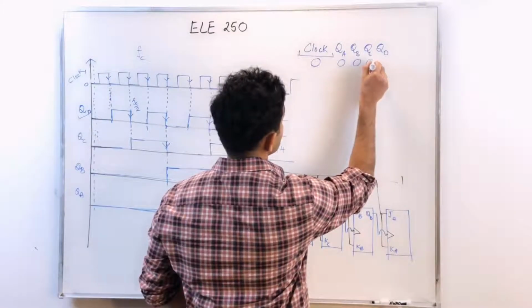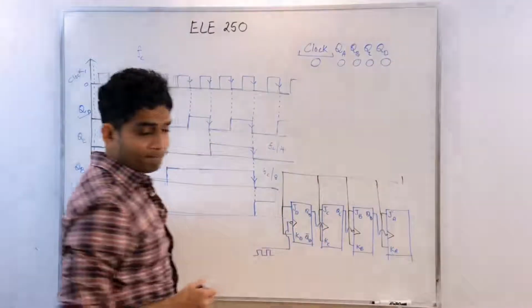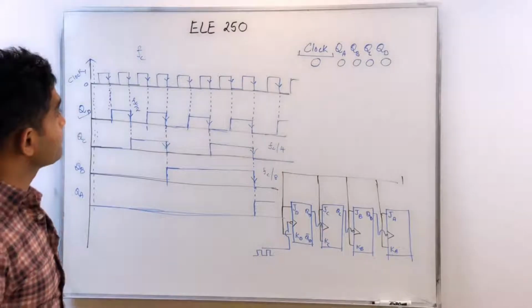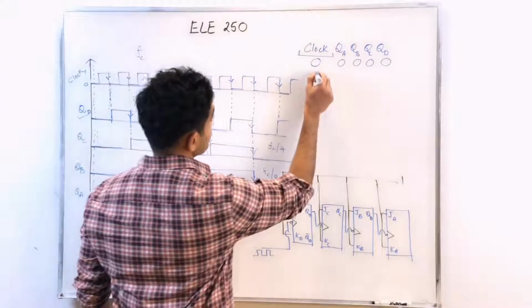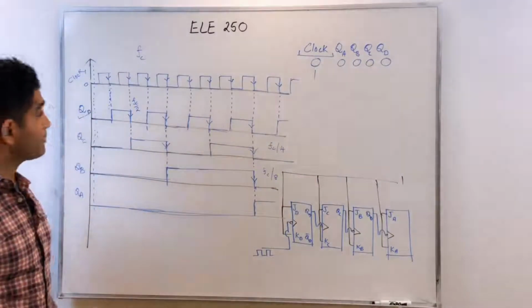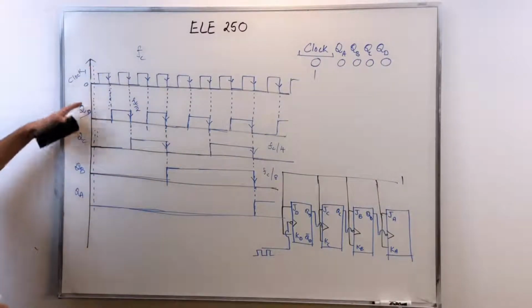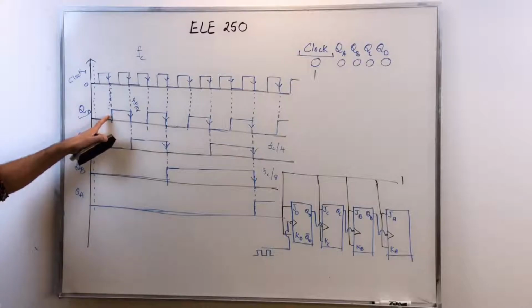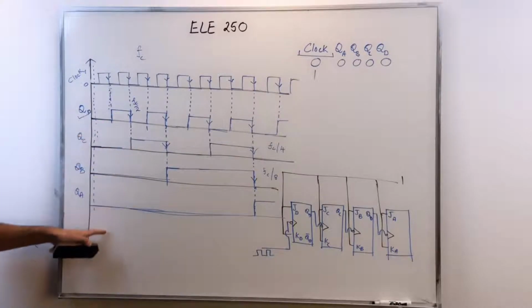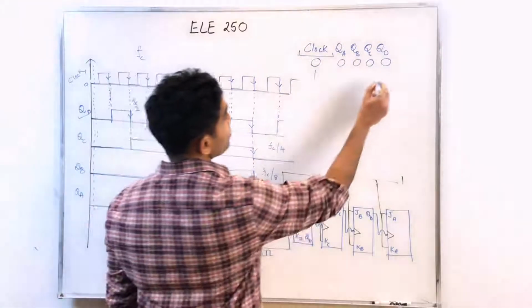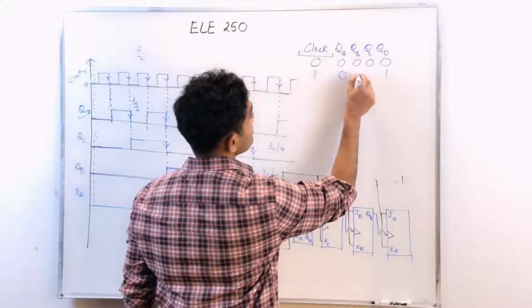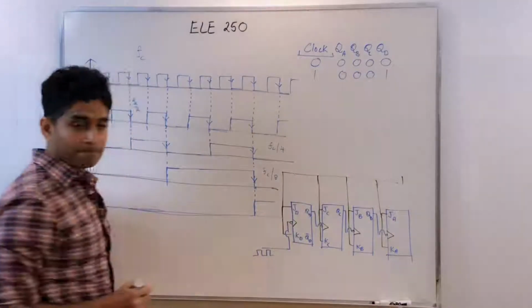On the first active edge, or I can call it the first clock pulse, which is happening here, my QD is 1, everything else still remains 0.